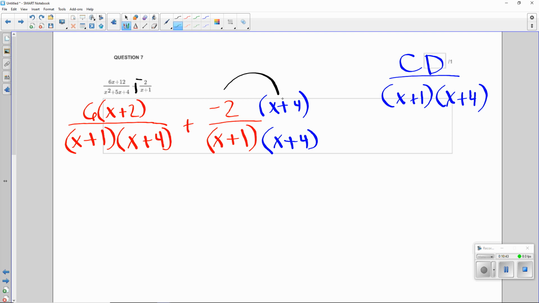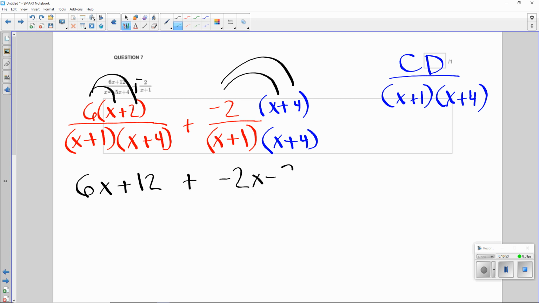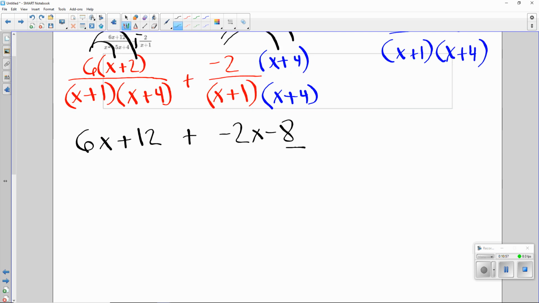I'm going to go ahead and distribute and add like terms at the top. And of course, this is all over our common denominator.